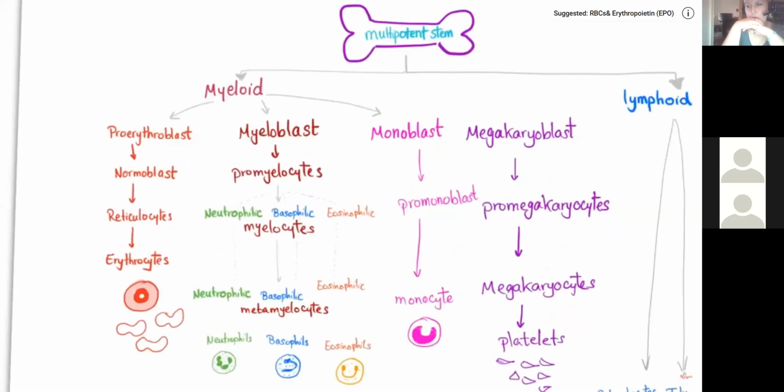As we said before, the multipotent stem cell will give a myeloid stem cell or myeloid precursor, which will give us the proerythroblast, normoblast, reticulocyte, and erythrocyte. So before the erythrocyte or RBCs, there are reticulocytes. They are baby red blood cells. Okay, that's the topic of today.